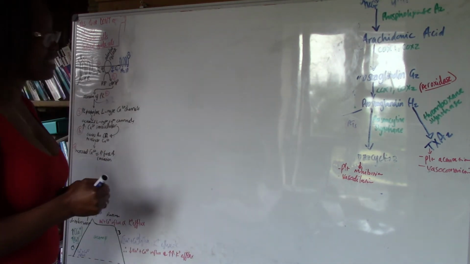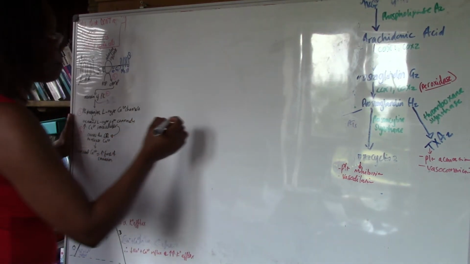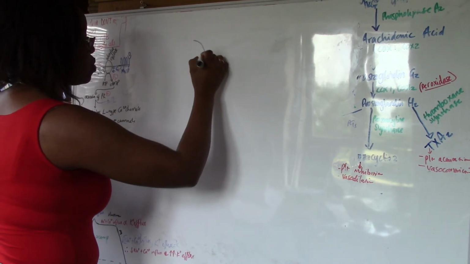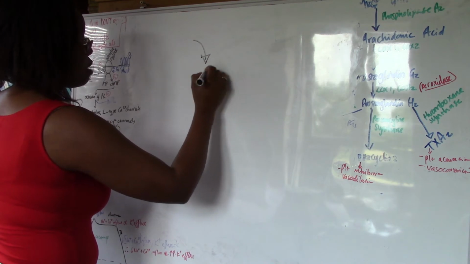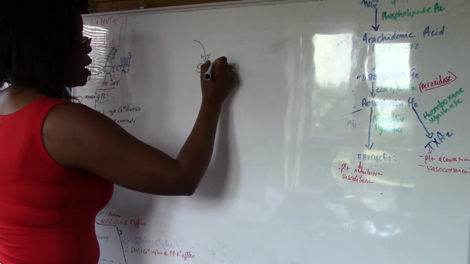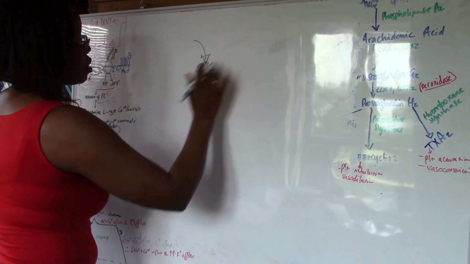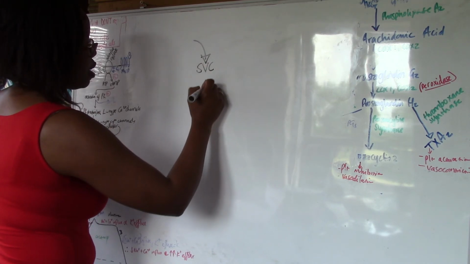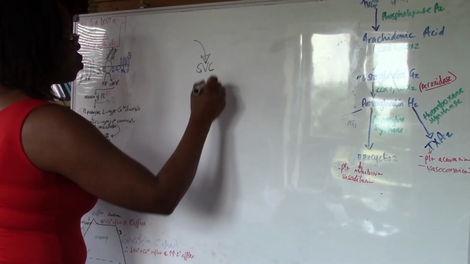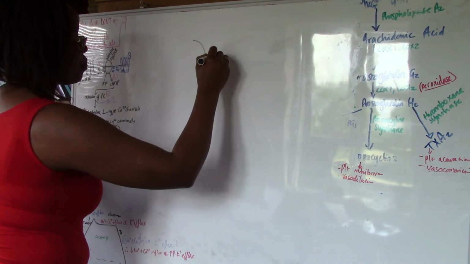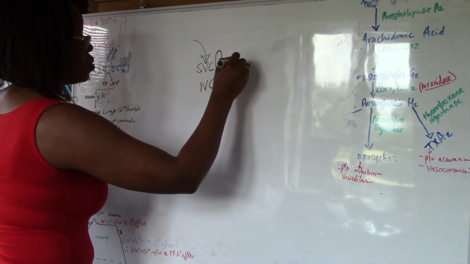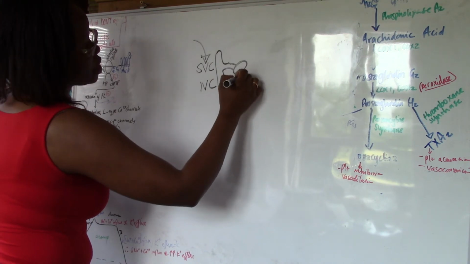So the veins will normally drain into the vena cava, which is made up of the SVC, the superior vena cava, and the inferior vena cava, which merge together and drain into the right atrium.